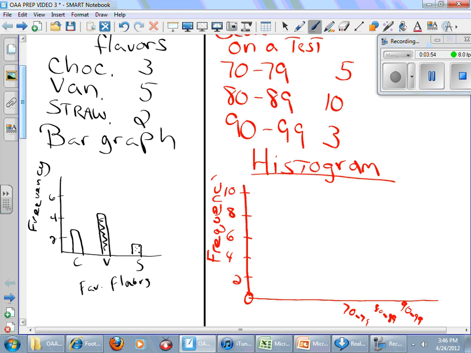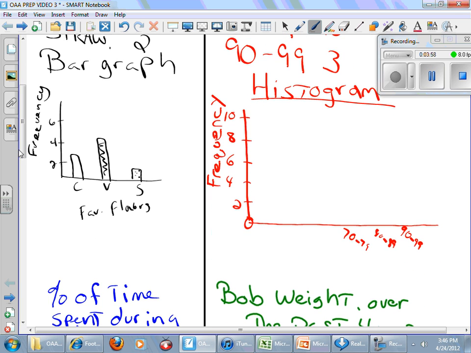Sorry, it's a little tricky writing that way. And these are my range of scores down here. Now, on the OAA Thursday, you'll have plenty of time. You can put all these other ones in: 60 to 69, 50 to 59, 40 to 49. Or you can always do that little thing there, too.